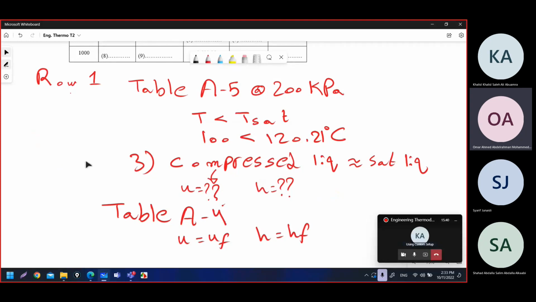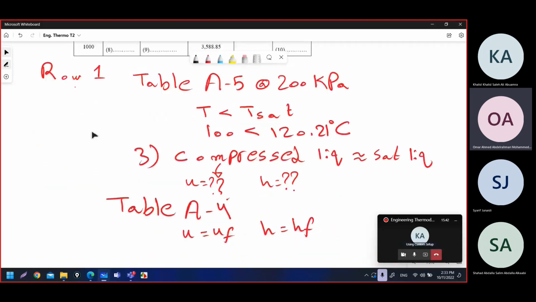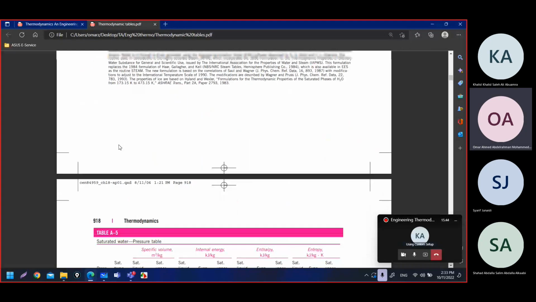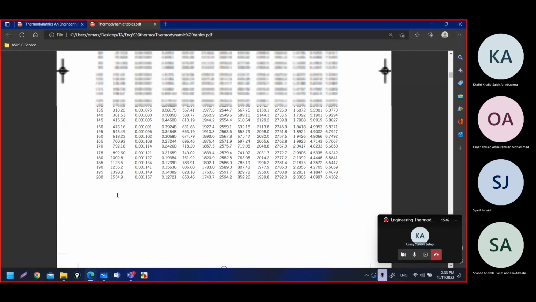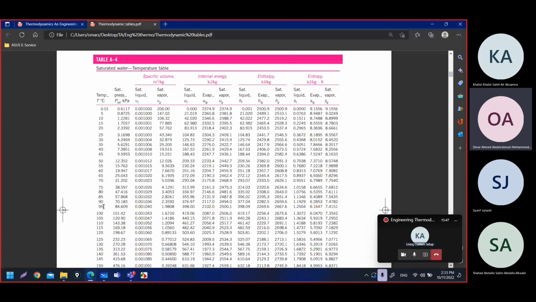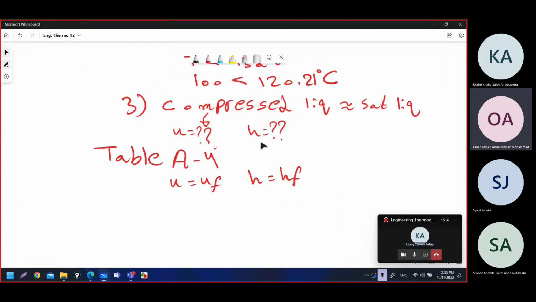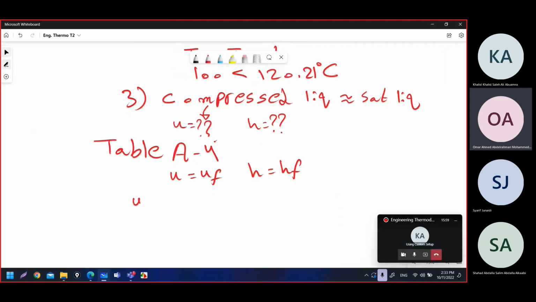So let's go to table A4 at 100 degrees Celsius. I will take the values for Uf and hf to be my values for the specific internal energy and enthalpy. So U is equal to Uf at 100 degrees Celsius, and it is equal to 419.06 kilojoule per kilogram.